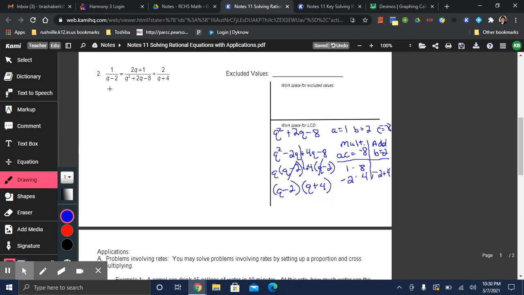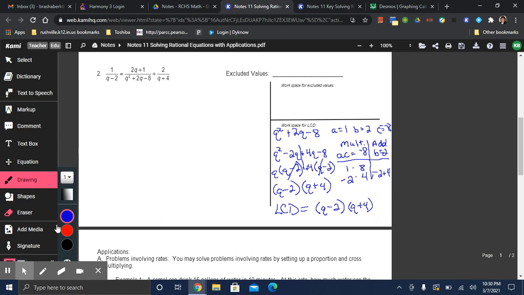Well, as I mentioned before, often it will be that the fraction that has a q squared in the denominator, the common denominator will end up being your two factors that do not have the square term. And that's what happens on this. So your least common denominator is q minus 2 times q plus 4.